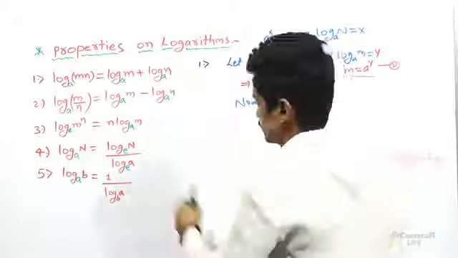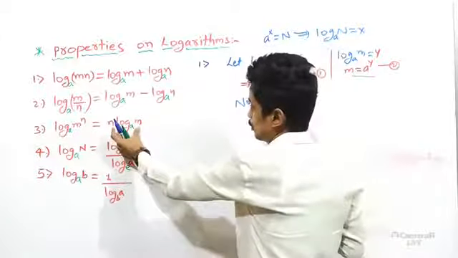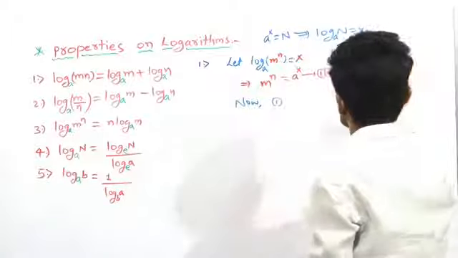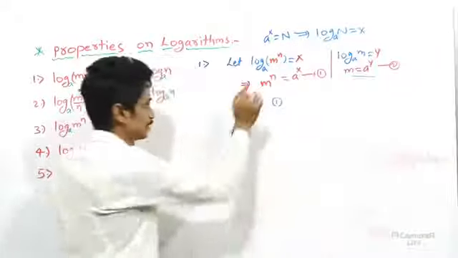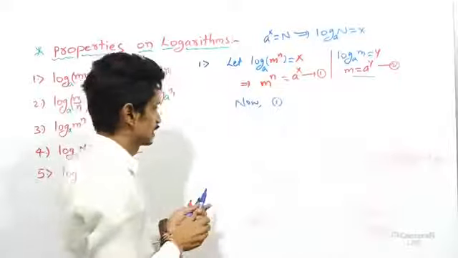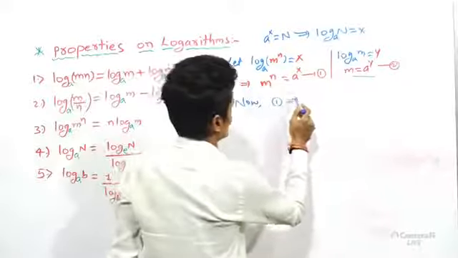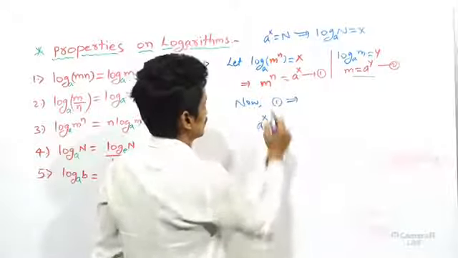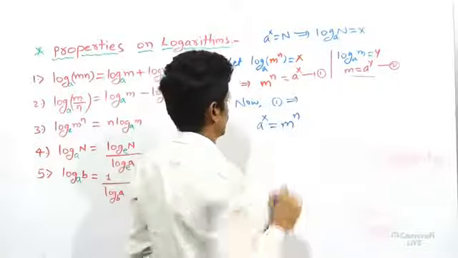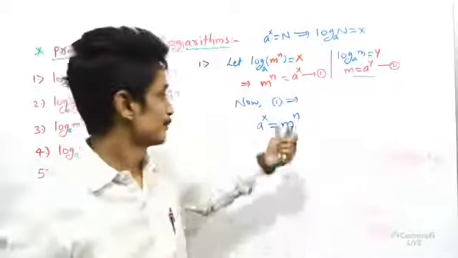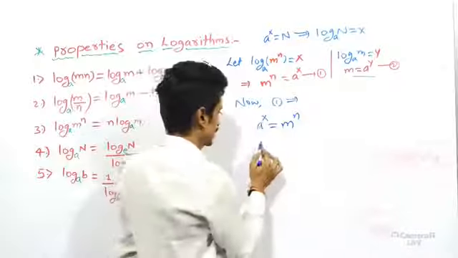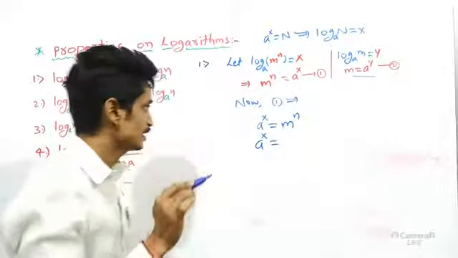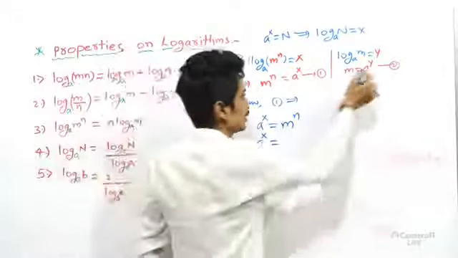Now look at this side. RHS part. Log m to the base a. Log m to the base a is how much? I don't know. Why? Simply I represent it as y. Now I will rewrite equation number 1. Equation 1 implies that a power x is equal to m power n. A power x, write it as it is, equal to, what is the m value?